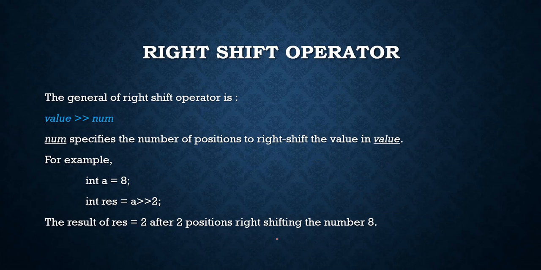And the right shift operator also works similar to the left shift, but instead of moving towards the left side, the positions are moved towards the right side. The general form of the right shift operator is value, the greater than symbols representing the right shift operator, and num represents the number of positions to shift right.